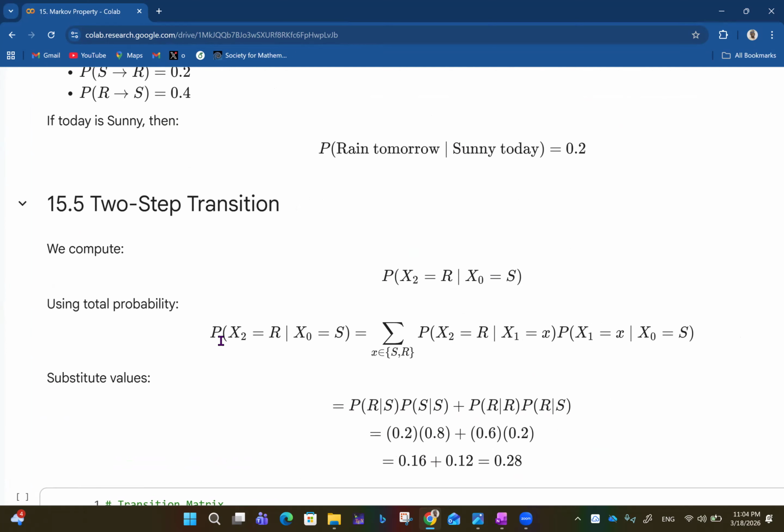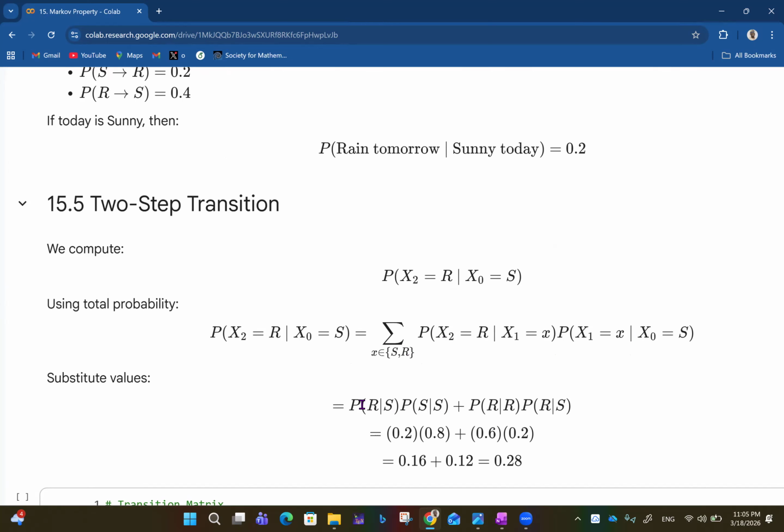Using total probability, the probability that x2 equals r given x naught equals s is equal to the summation over all x in {s, r} of the probability that x2 equals r given that x1 is x, multiplied by the probability that x1 equals x given that x naught is s. So we have the probability of r given s multiplied by the probability of s given s on one hand, plus the probability of r given r multiplied by the probability of r given s. So we get the total probability.